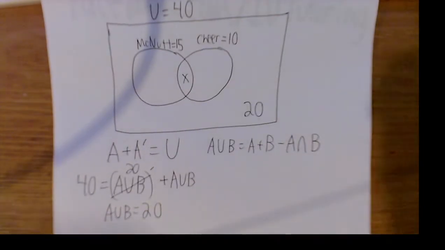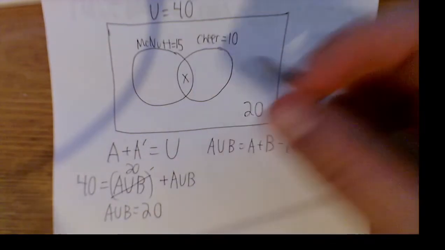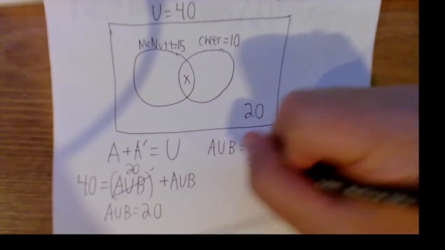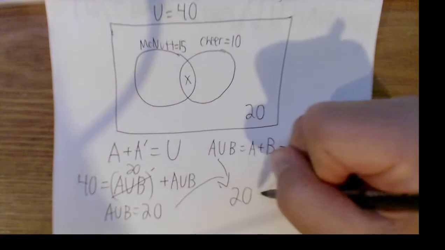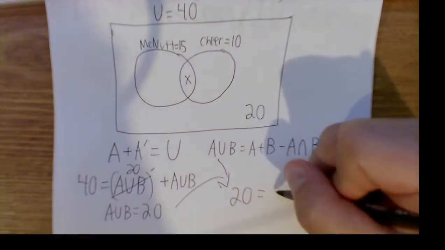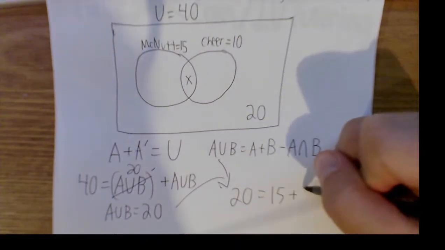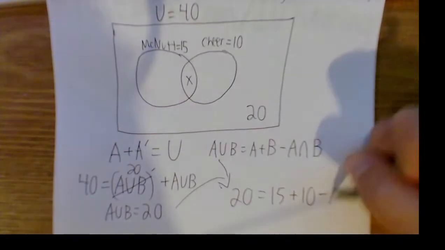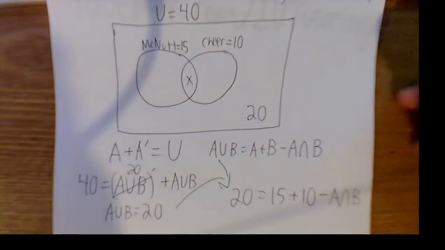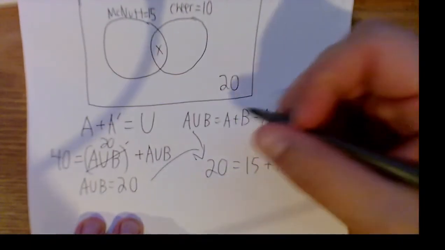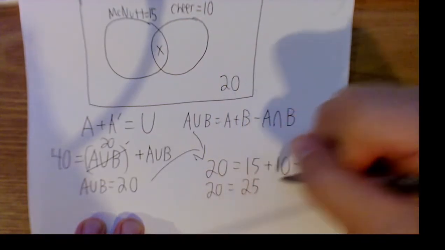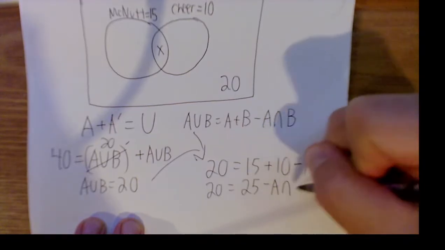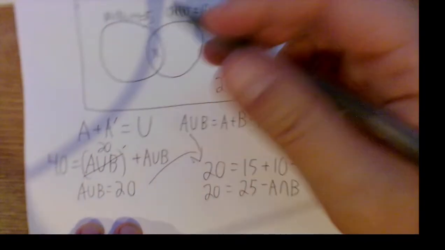Okay. So now, if we know that A union B is 20, we can plug this into here. We have 20 equals 15 plus 10 minus A intersect B. Okay, well, that's 20 equals 25 minus A intersect B, which is the X there.